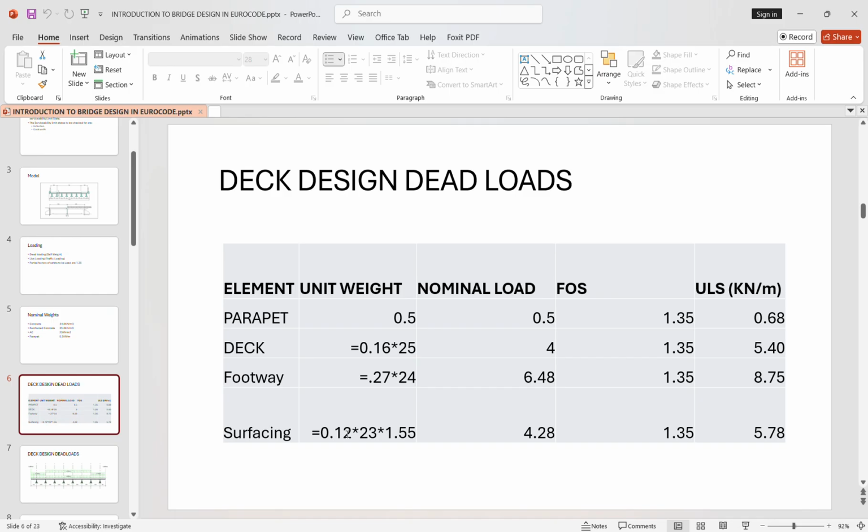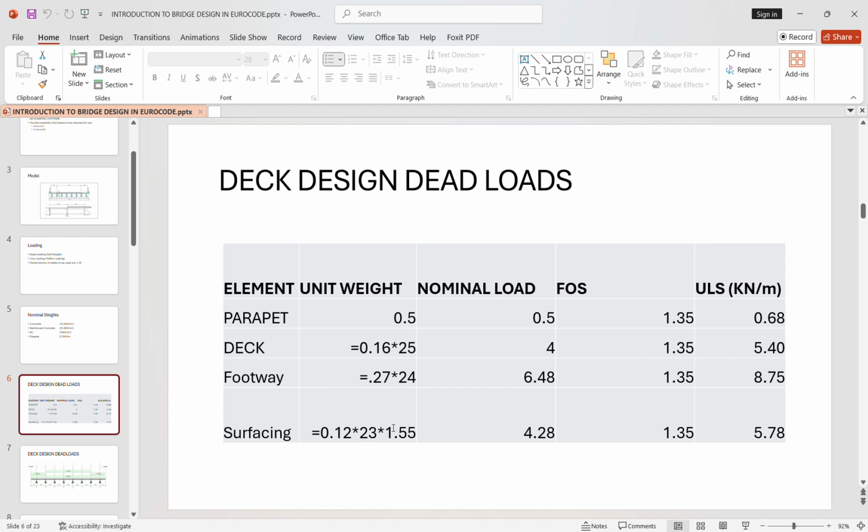our surfacing was 120 millimeters deep multiplied by 23 and multiplied by a factor of 1.55 to cover for the resurfacing. You know, in bridges we design them for a period of 100 years, and in that period the bridge must be resurfaced at some point.